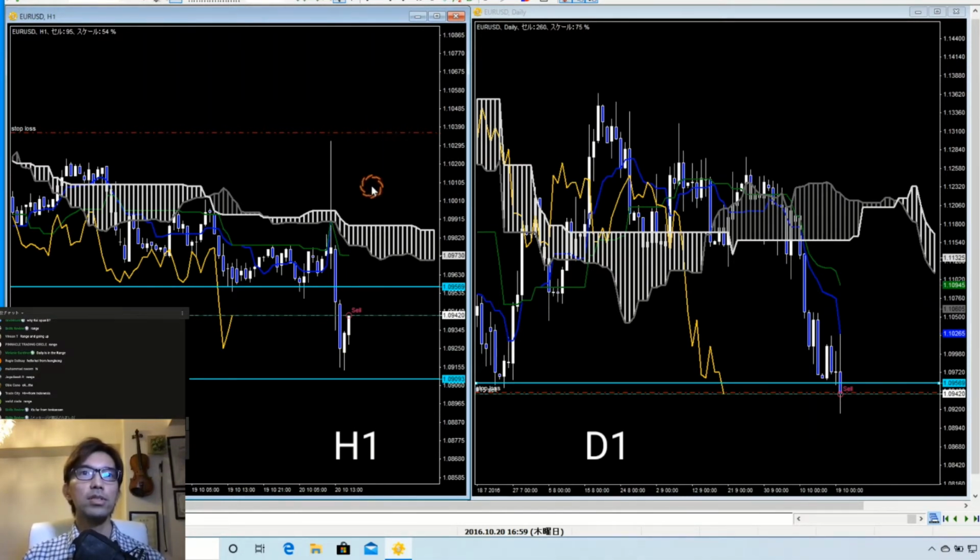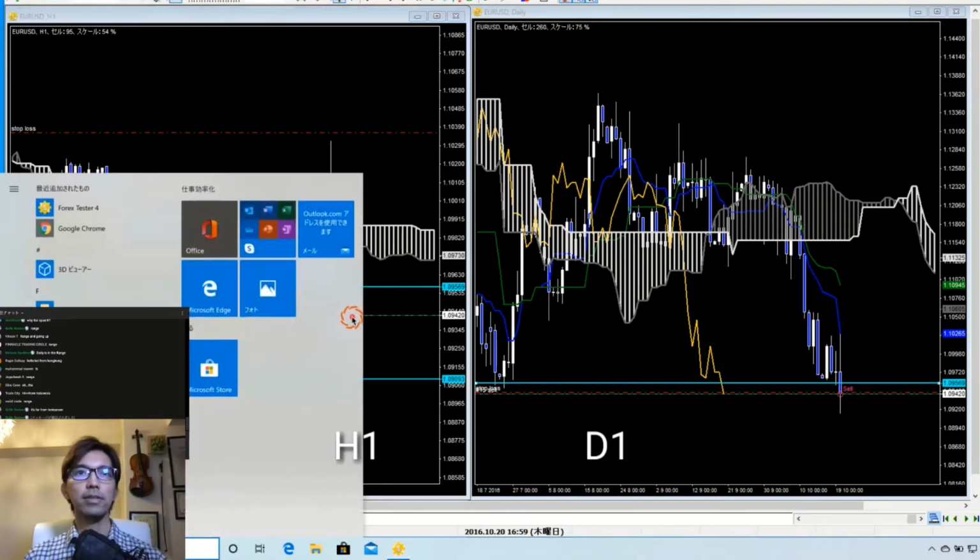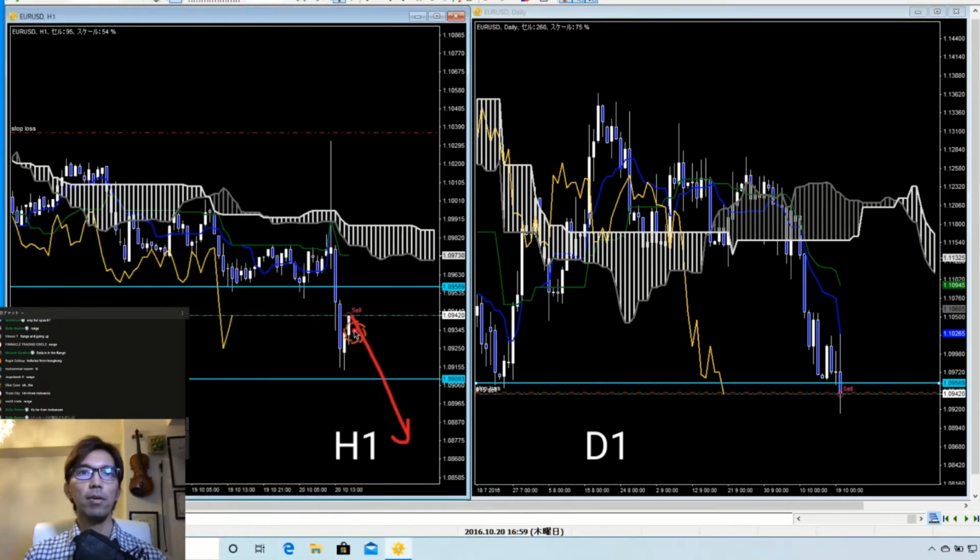So I would just close the position when the price comes back into this range area, because all I'm expecting is the price to be going downwards this way. But if it goes upwards and stays around here again, then I will just close this position with some loss. So let's see how this works.